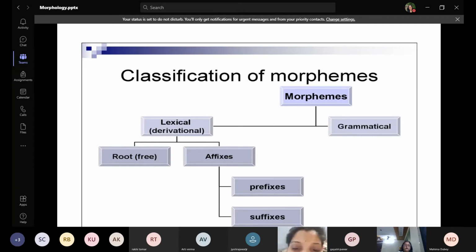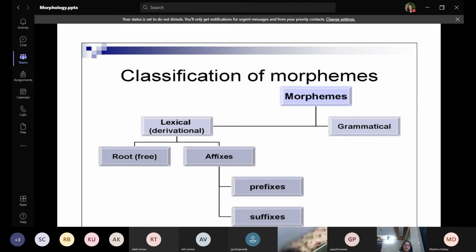And then you can attach some affixes, and affixes means something before the root morpheme, or something after the root morpheme. When you attach something before the root morpheme, then it becomes prefix.